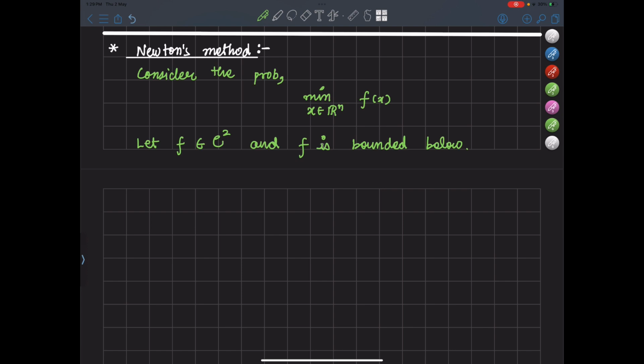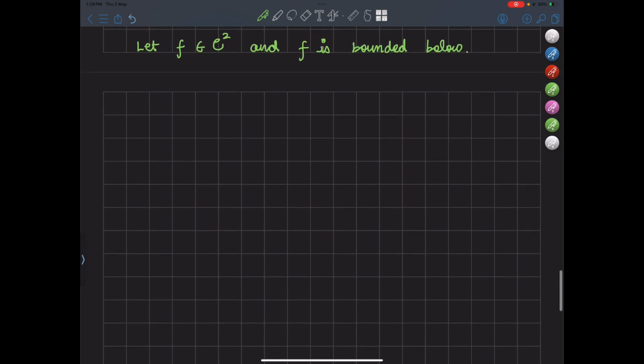All right, so these are the assumptions. So in Newton's method, as we discussed earlier, we use second order information to find the descent direction.